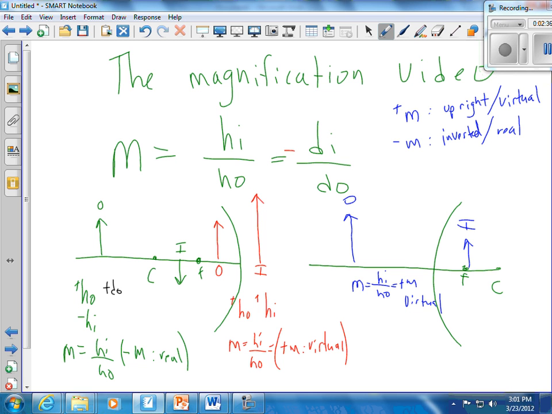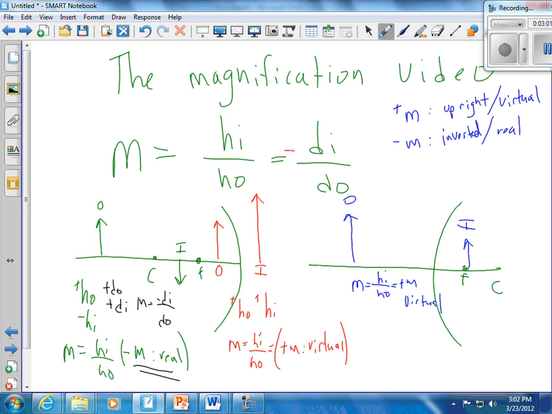DO is positive for all objects, excuse me, I'm sorry, I'm thinking ahead. DI, the image distance, is going to be positive because we make real images have a positive image distance. And you're going to find that when you do M equals negative DI to DO, that's going to come out to be negative because, once again, it's a real image.